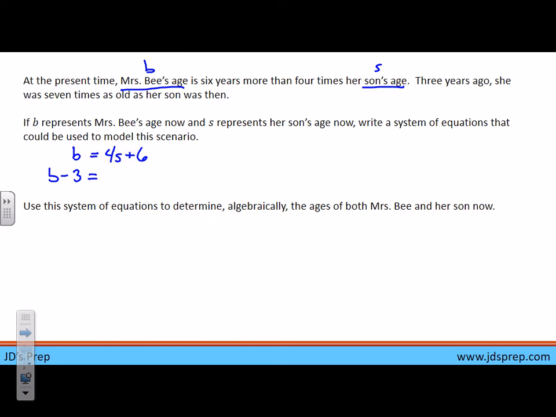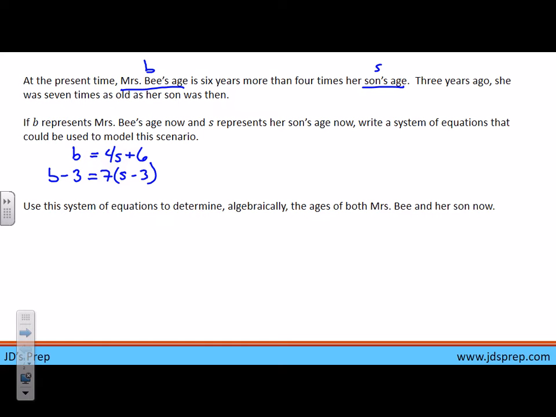Since it says that she was 7 times as old as her son was then, that will be 7 times her son's age 3 years ago, which is S minus 3. So this system of equations is representing the information given in those first two sentences.